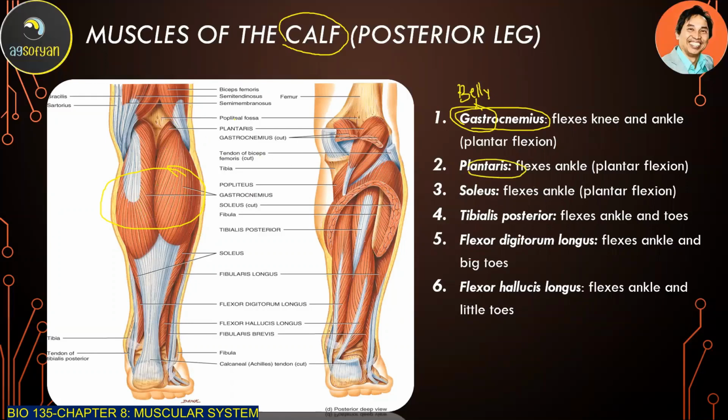There is the plantaris muscle over here, and the soleus muscle on the side. Tibialis posterior is in the back, and flexor digitorum. All of these muscles flex the digits or the toes.